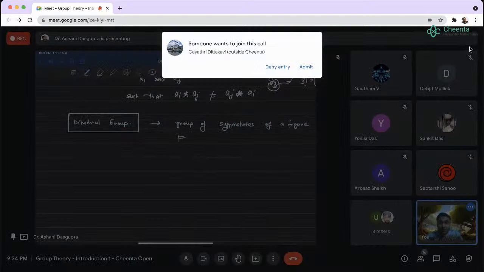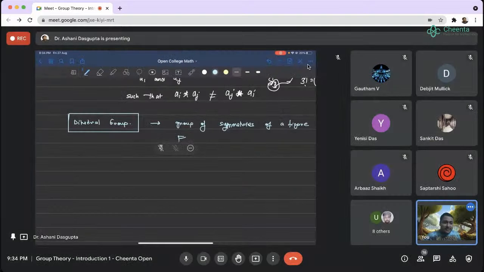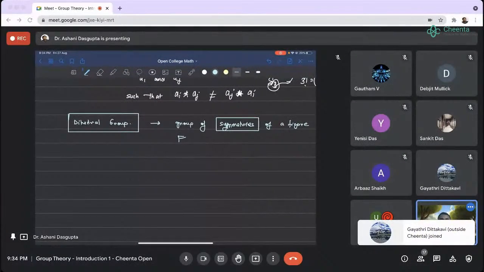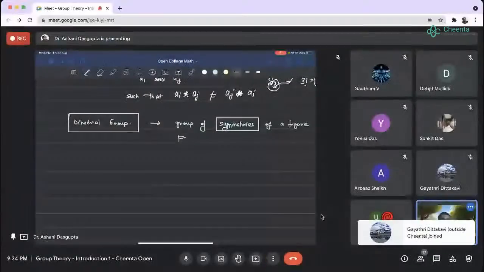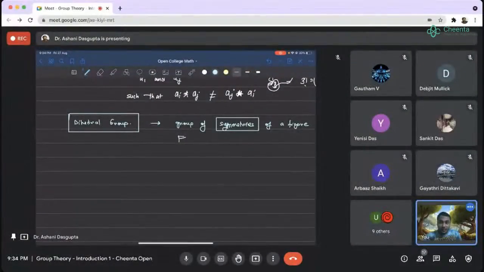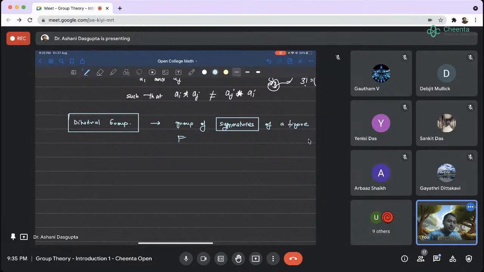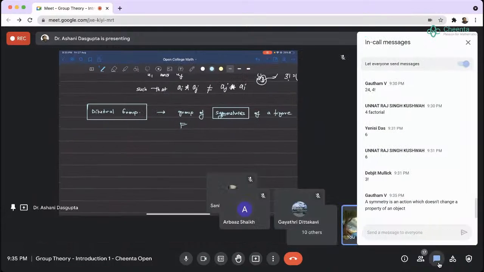So can anyone just tell me what is the meaning of the word symmetry? Is there anyone who can explain to me the precise meaning of the word symmetry? Because symmetry comes up everywhere. Okay, symmetry is an action which does not change a certain property of an object.